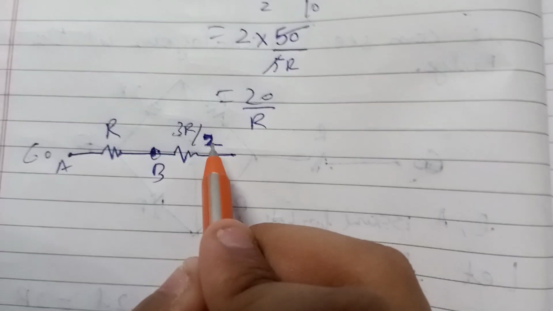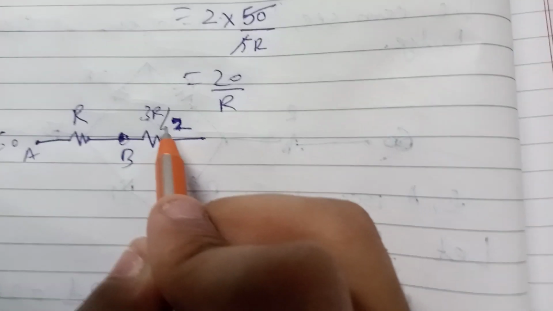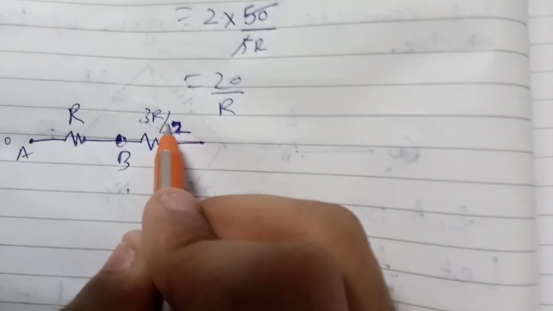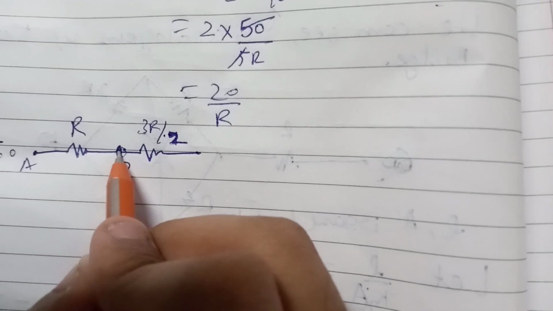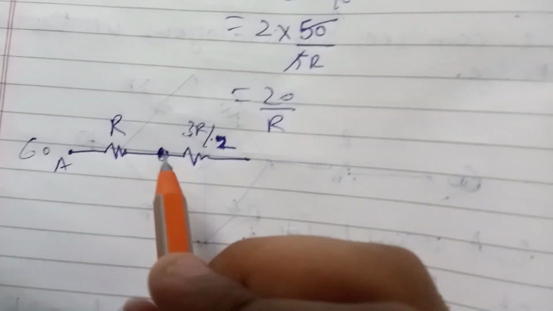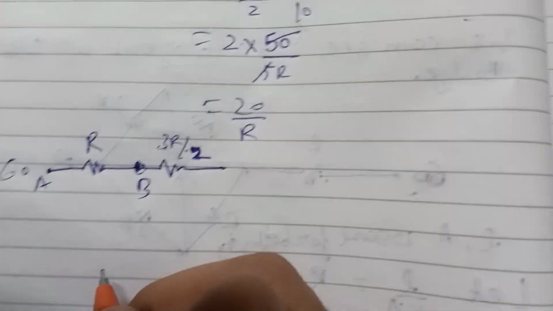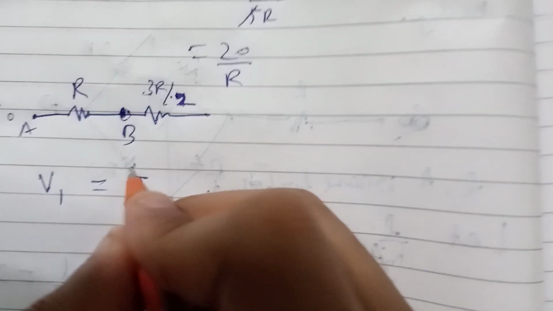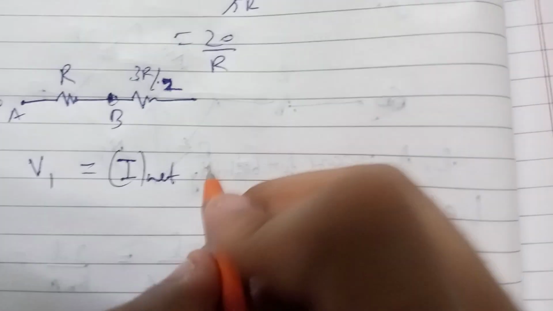The thermal current received by this 3R by 2 resistance will be the same as the one received by point B. So for this we have the simple formula that V1 equals I net into R1. See, it's quite simple.